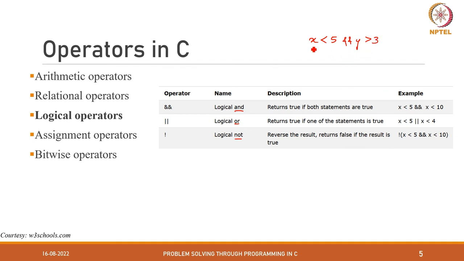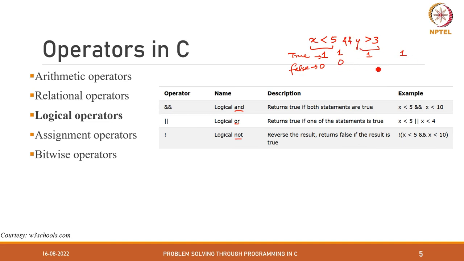Say here if x is actually less than 5, this will be true. Let me just write that, true means 1, false means 0, I'll be using this notation. Say this is true and this is also true. In that case this will return a true. That is an AND operation.